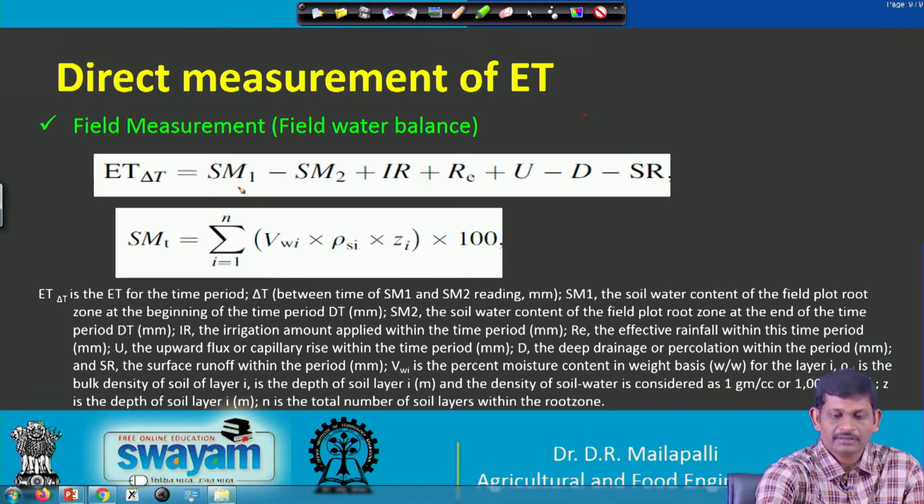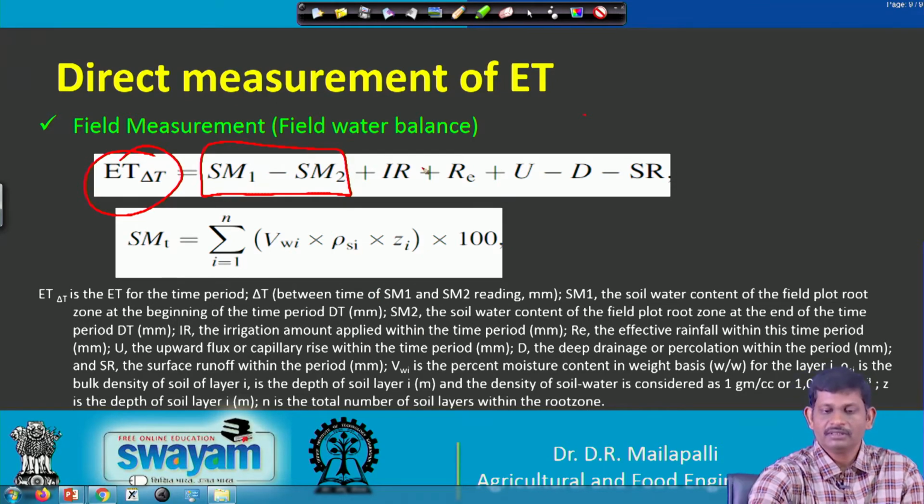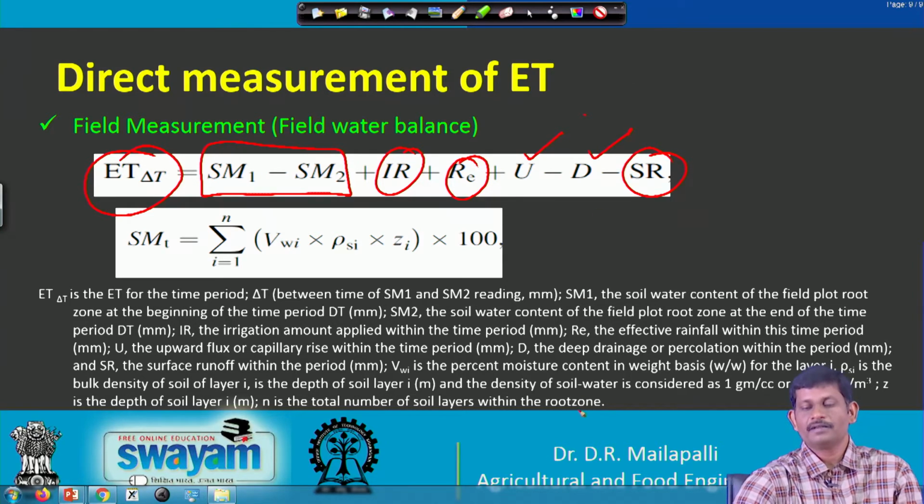Here our interest is to find out evapotranspiration. So, we have the difference in soil moisture, irrigation water, effective rainfall, upward flux, downward flux D, and surface runoff.